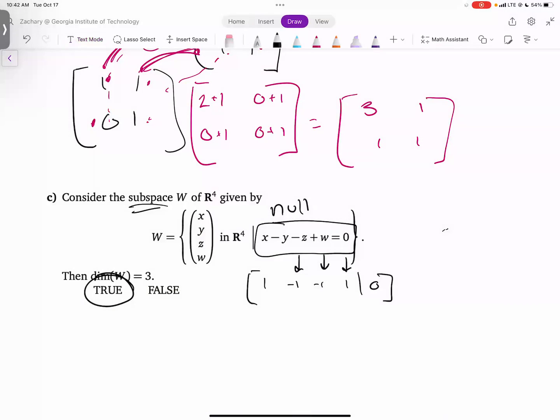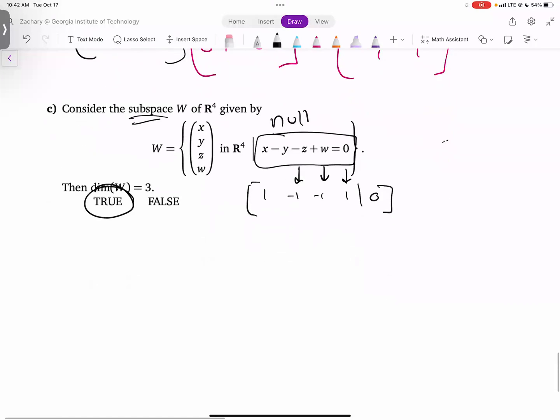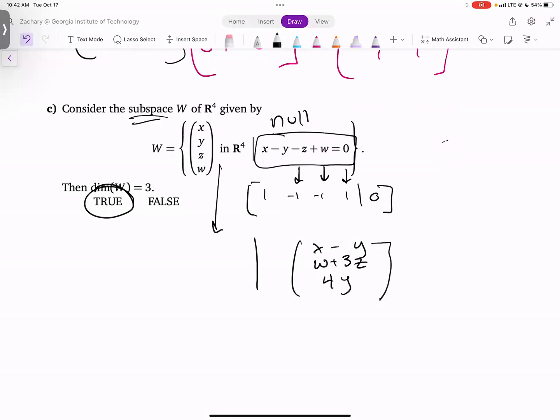And let's talk about what we talked about in my review last night: what would this look like if it was a column space instead? It would be the same first condition, but it'd be given like x minus y, w plus 3z, and 4y, something like this.